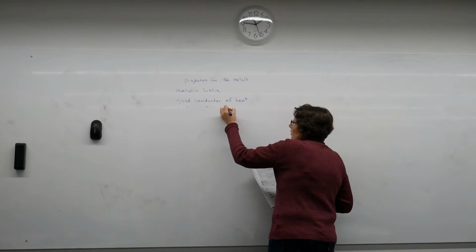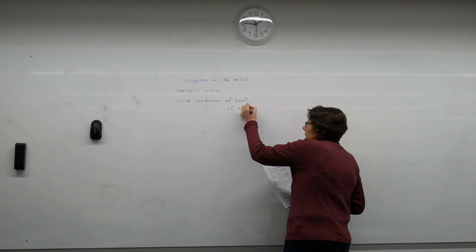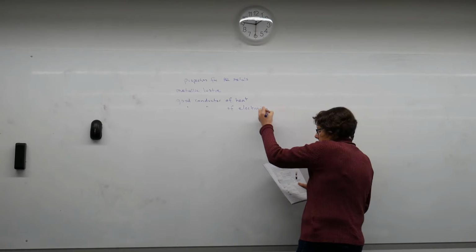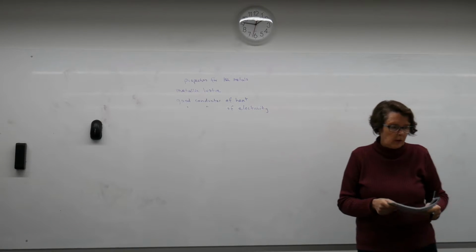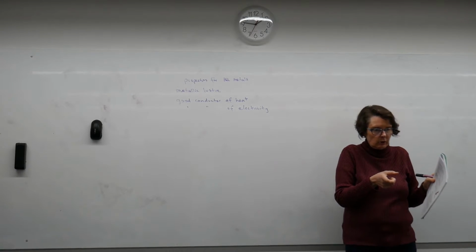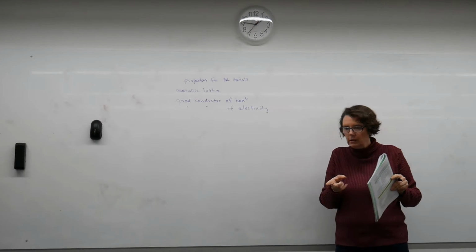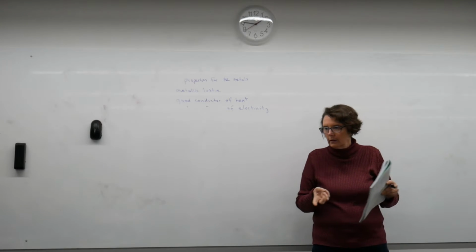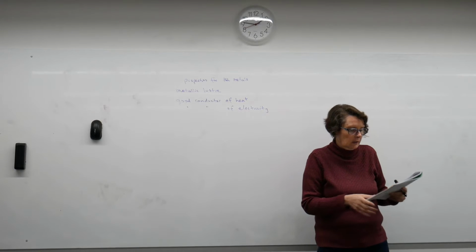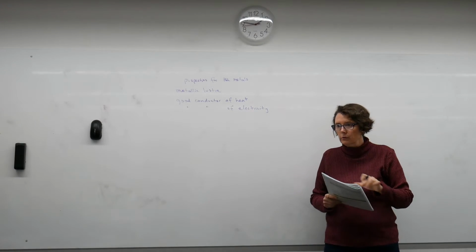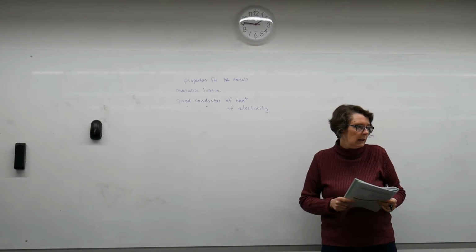Also a good conductor of electricity. So if we attach electrodes to a sample of metal and we run a current through it, that's going to travel through that metallic object quite easily.